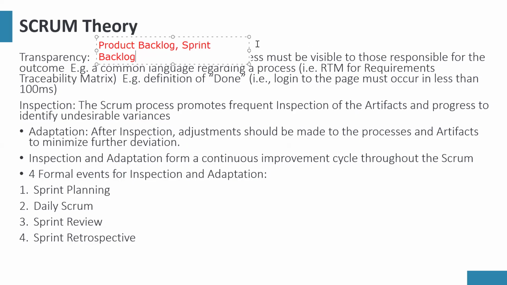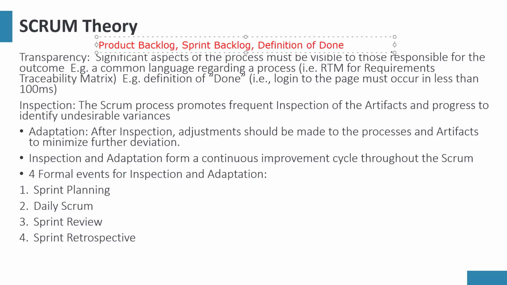I talked about the definition of done. This is like a quality criteria. The product backlog, sprint backlog, and definition of done are examples of transparency. Why? They show us what work is being done, and that's transparency.